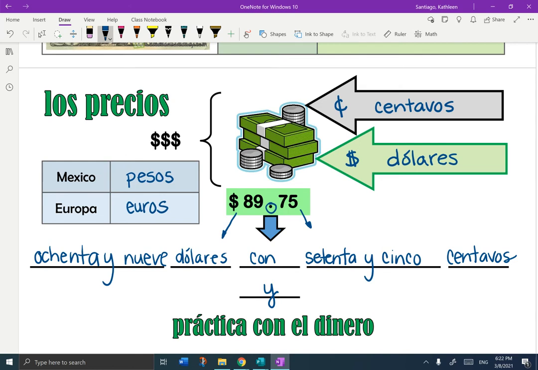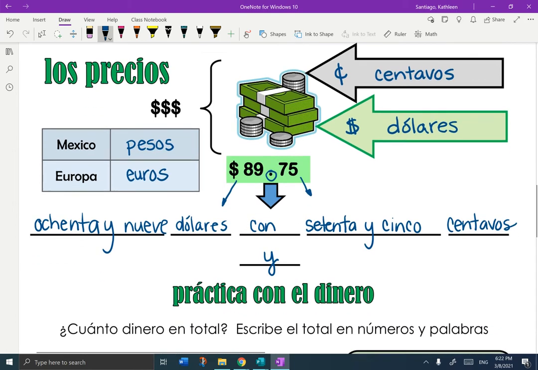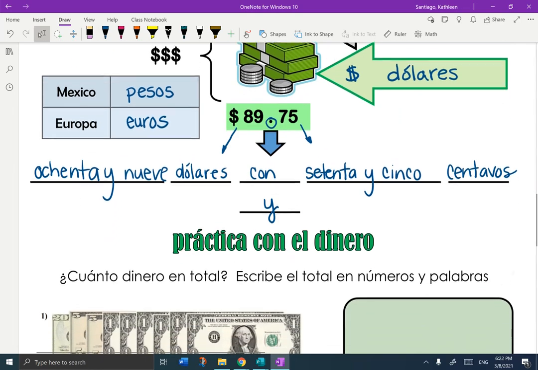Euros and pesos. You're not going to hear people in Latin America use euros in place of the word for dollars, but in Puerto Rico, you would hear somebody say, ay, préstame 20 pesos, like lend me 20 bucks. So I think of pesos as more like bucks.